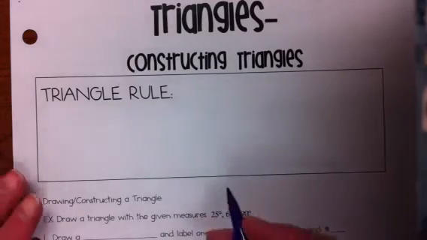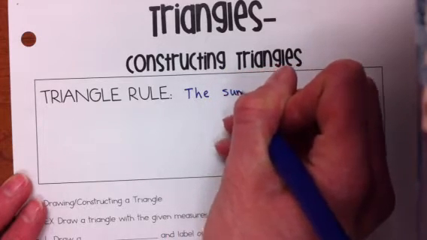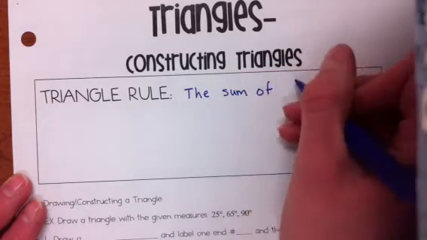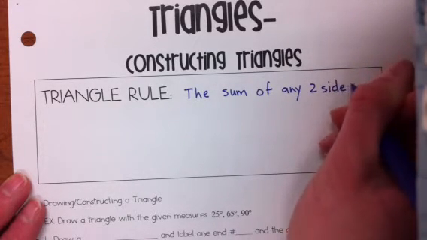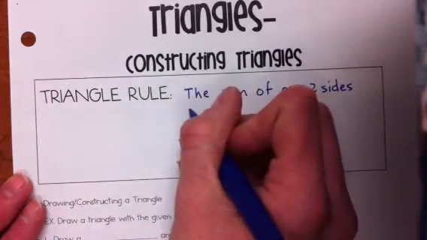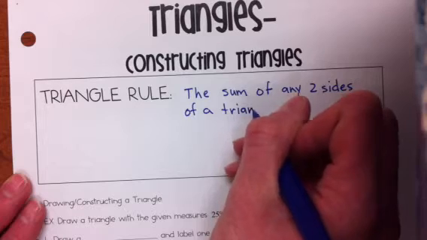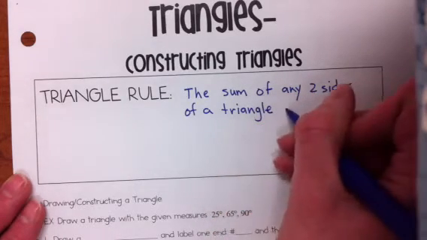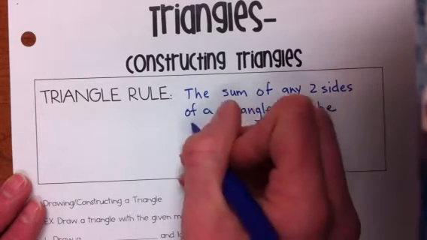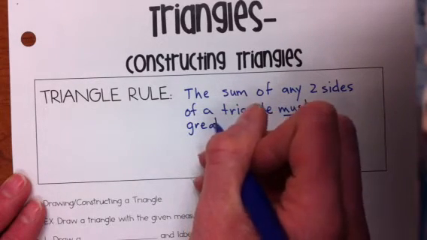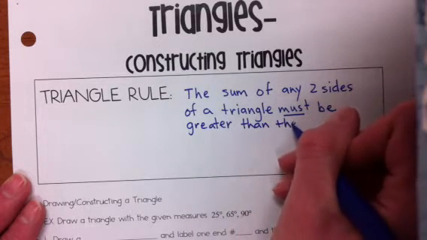It says that the sum of any two sides of a triangle must be greater than the third side.